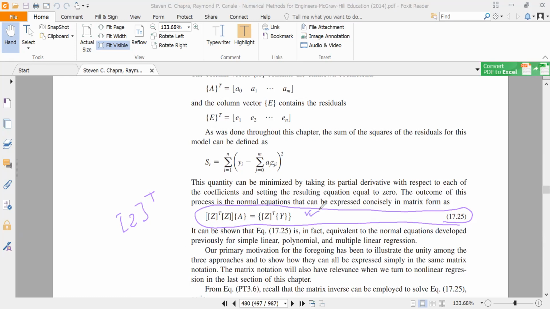If Z is a square matrix, then multiplying by its transpose will give you the same dimension.